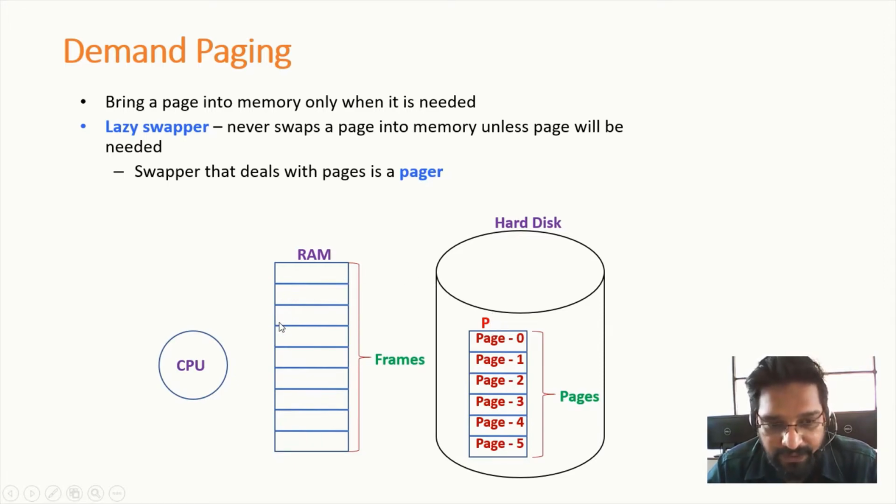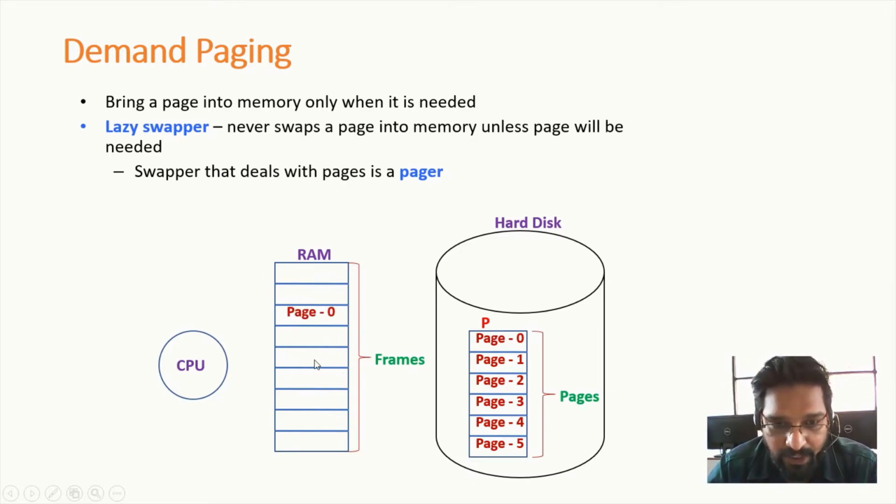For example, let us assume that CPU wants to execute process P. It's going to request page number 0. Since page number 0 is not present inside the RAM, it needs to be moved from hard disk to RAM. Once page number 0 has been moved from hard disk to RAM, our RAM looks like this.